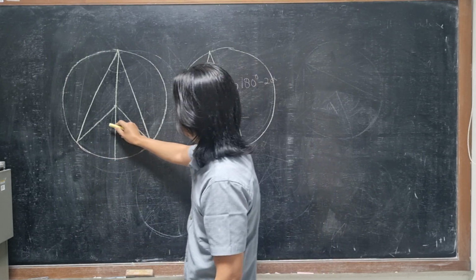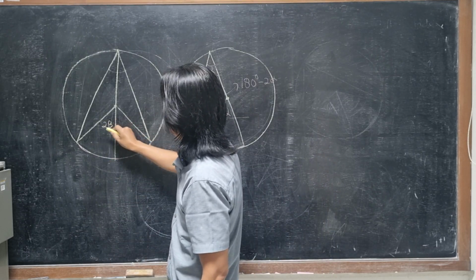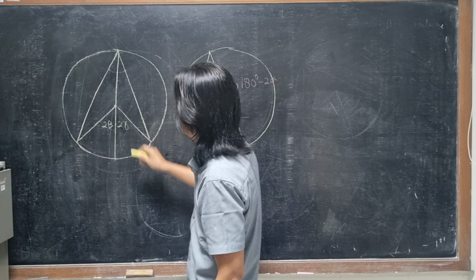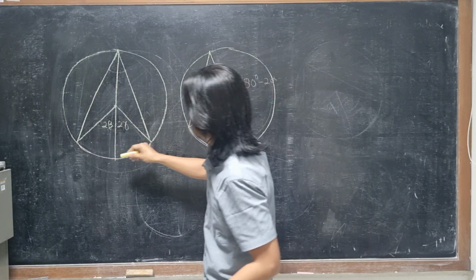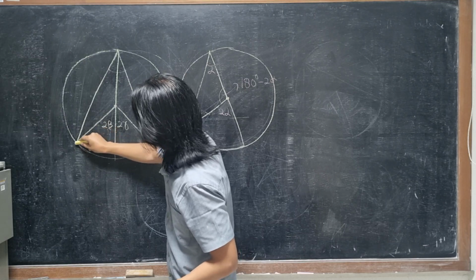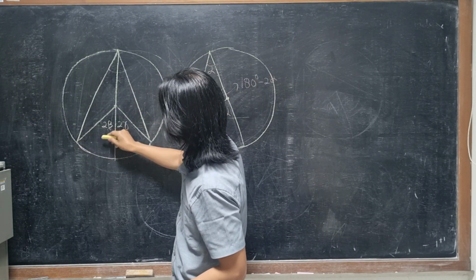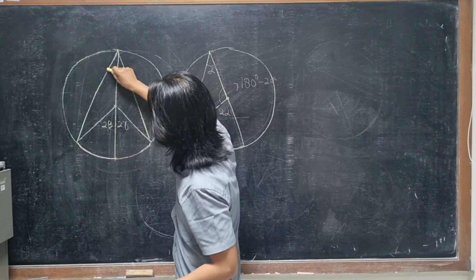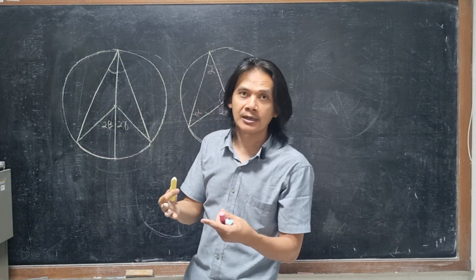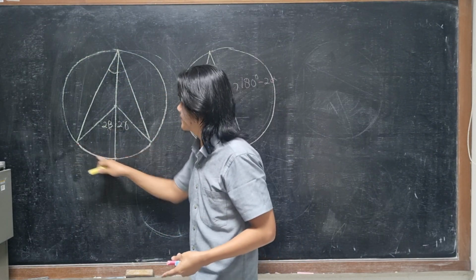If we call this twice beta, and this twice gamma, according to the first case, notice that this one is the central angle corresponding to that arc, and that one is the inscribed angle corresponding to the same arc.